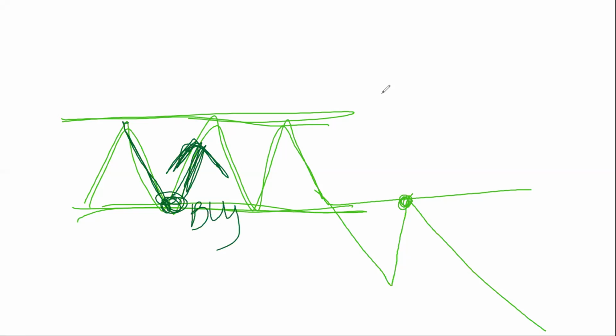Similarly for a sell, I would want price to come up to my resistance area and then bounce off. So here I'm looking for sells, back down to the support area.